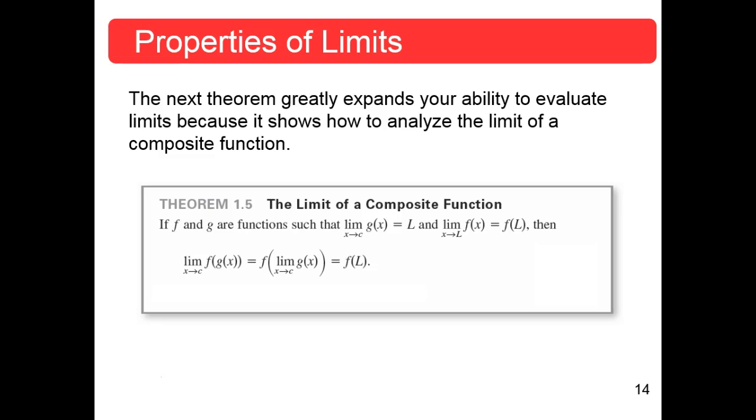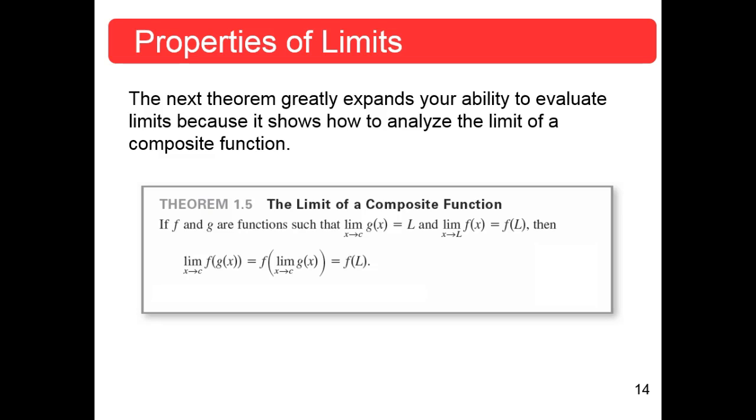If f and g are functions such that the limit as x approaches c of g of x is this value L, and the limit of f of x as x approaches L is f of L, well, yeah, that means that f is a continuous function. A polynomial function, a rational function, or a radical function, it covers all the same.